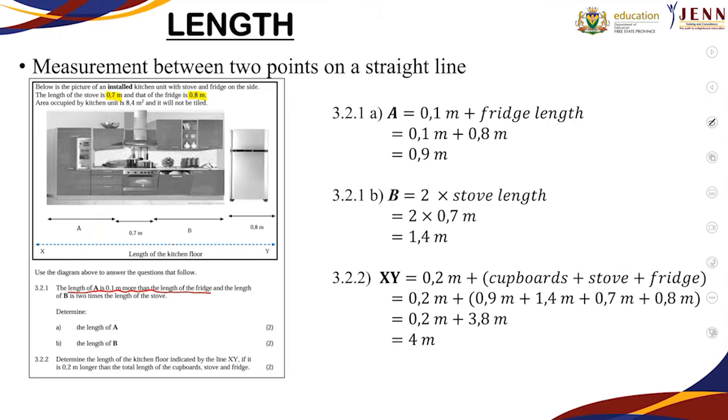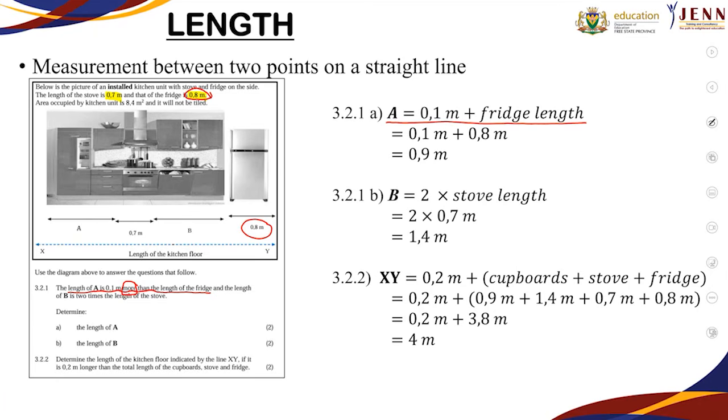More, what does more mean? More means we are adding. So A will be 0.1 meter plus the length of the fridge. Now, where do I get the length of the fridge from? You've got two options. You can get it from the picture or you can get it where I highlighted in yellow, 0.8 meters.